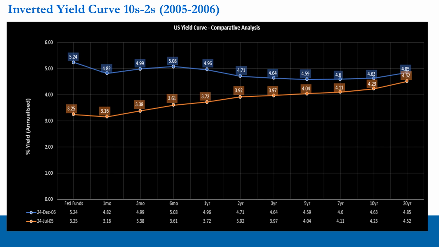Well, we can look from 1 month, 3 month, 6 month to 1 year, 2 year, and 3 year. So we can see that the 10s minus 2s inverts, and basically the yield curve from 1 month up to 3 years was inverted relative to the 10-year.